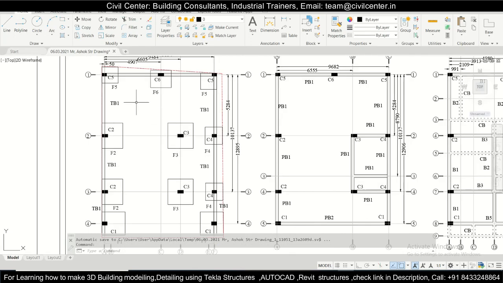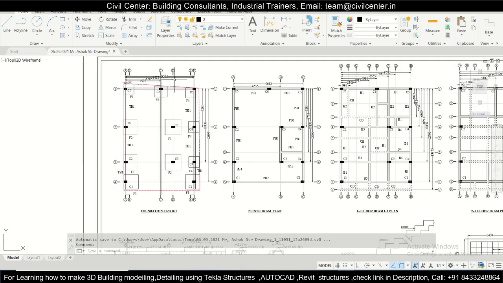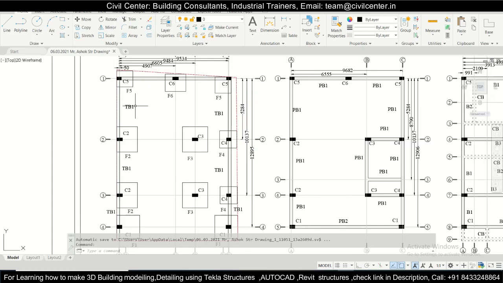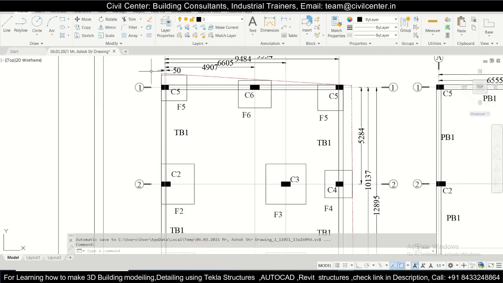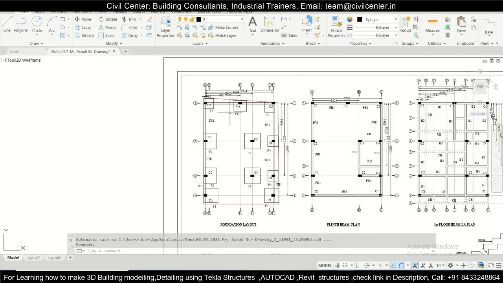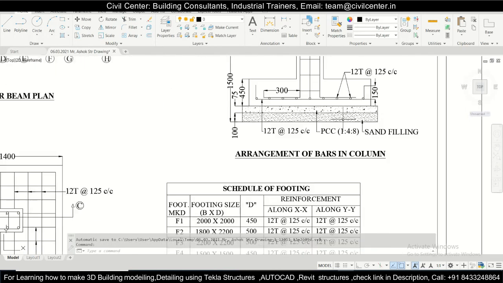The first step was clearance of the site, which was completed, and the second step was marking of the boundaries of the plot, and the third step was the marking of the footing positions, and after that excavation, and after the excavation sand filling up to 100 mm, as you can see here.